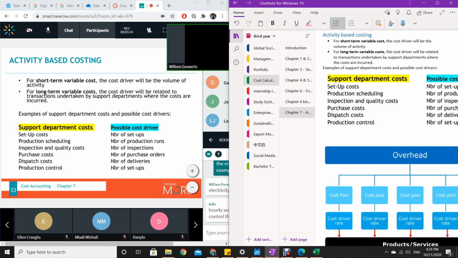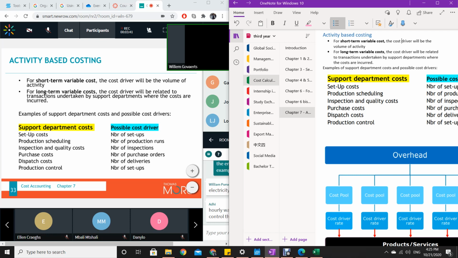For the inspection and quality cost, as we have just seen, it can be just a number of inspections. It's possible that for certain cars you need to do more inspections than for other cars. And it's also logical that you incur a higher level of these inspection and quality costs. Purchase cost can be done on the purchase orders, it can also be done on a number of value.